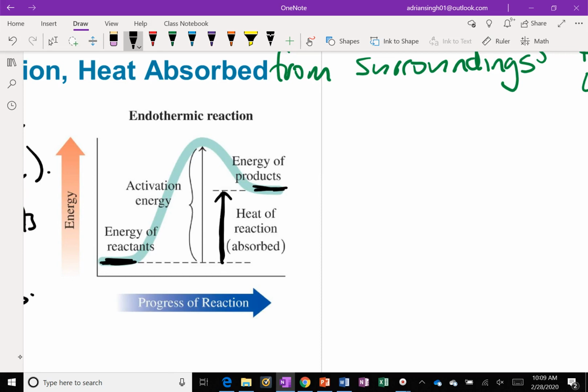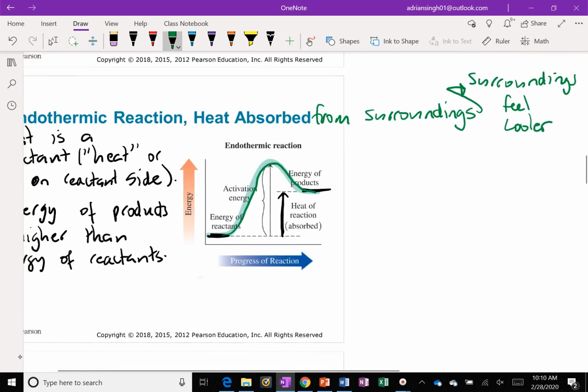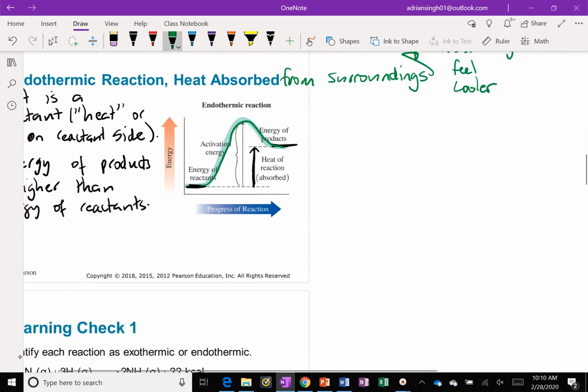So the energy of the products is greater than that of the reactants. Just as in the exothermic case, there's not just a straight line that connects these two. We actually have to overcome a huge energy barrier, or that hump, that activation energy that needs to be overcome. All right, so that would be an example of an endothermic reaction.